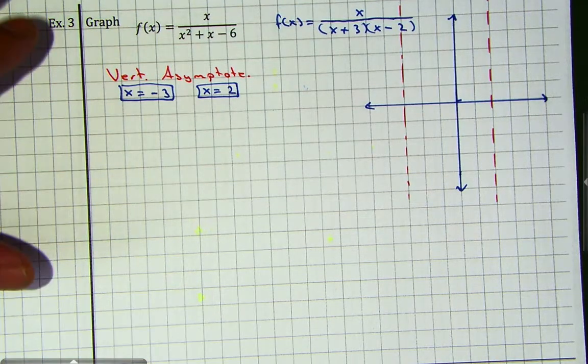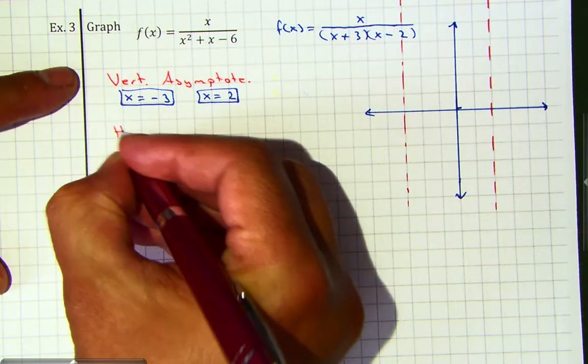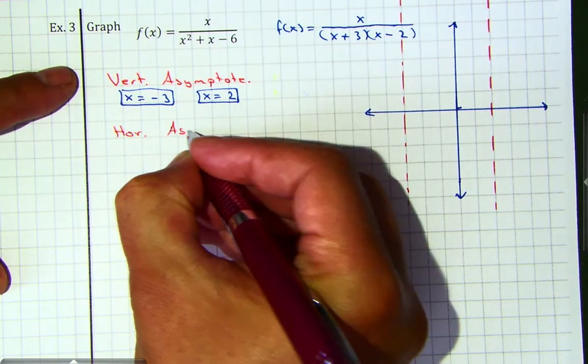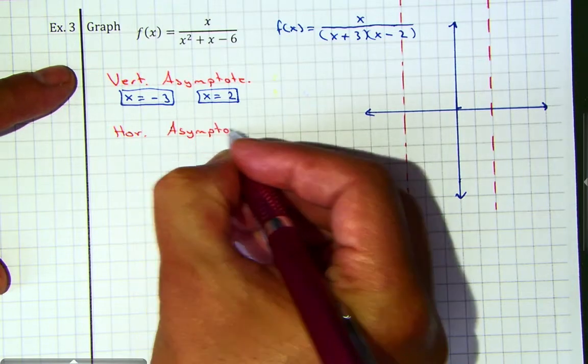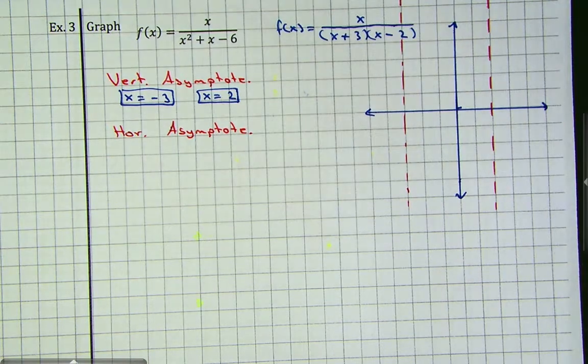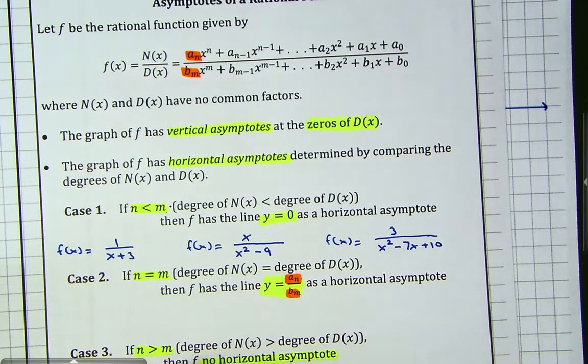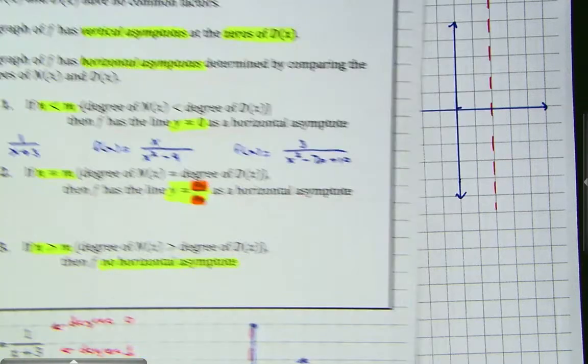Now we need to be able to find our horizontal asymptote. To find your horizontal asymptote, you need to decide which case it is. Is it case 1, case 2, or case 3? So let's see.